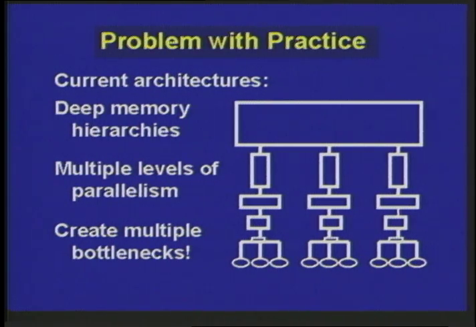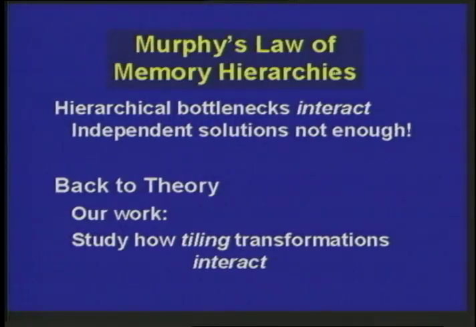So why is this a problem? The problem is that these multiple levels of parallelism and multiple levels of memory can create multiple bottlenecks. And just to codify that, one can say that there's a Murphy's law governing memory hierarchies, which is that these hierarchical bottlenecks actually interact.